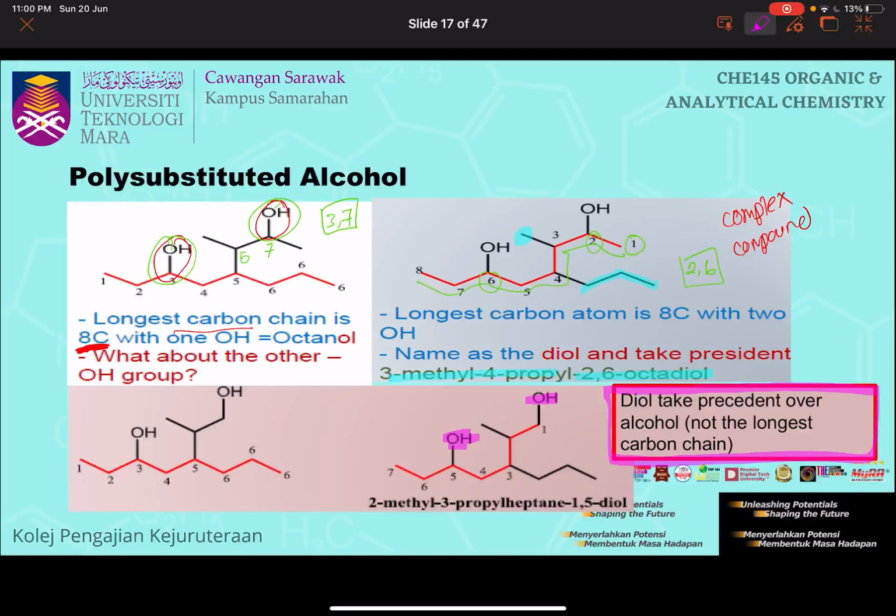Even though you can find a chain of up to 8 carbons, if it doesn't include both OH groups it is not acceptable. So you have to find the other longest chain that can accommodate both OH groups.